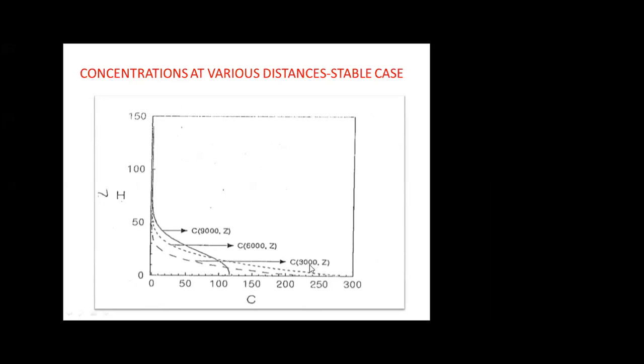So 3 kilometer for all heights, 6 kilometer for all heights, and 9 kilometer for all heights. You see that as you go further in the downwind direction, the concentration is reduced here. Whereas in the 3 kilometer case, the concentration for the first case is increasing here. That is the concentration profile for the stable case.